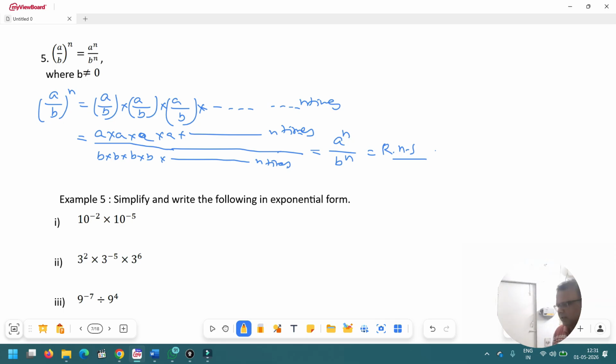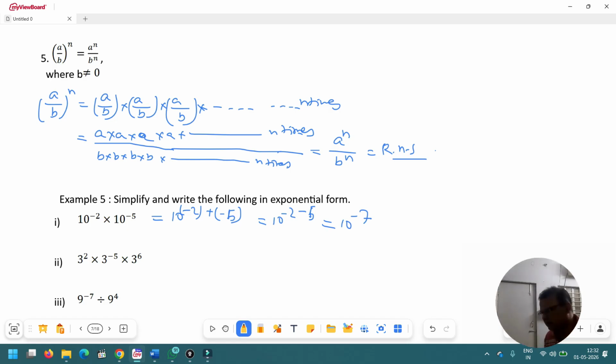Now consider the next example. Simplify and write the following in exponential form. This is equal to 10 to the power minus 2 plus minus 5. That is equal to 10 to the power minus 5 minus 2, that is equal to 10 to the power minus 7.